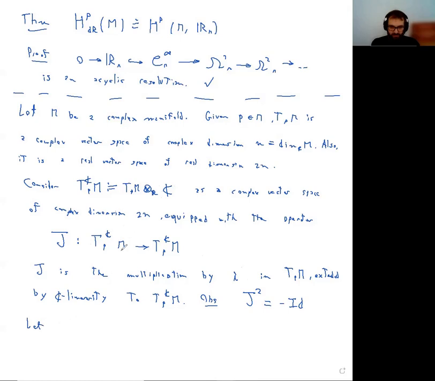And now we can separate this complex vector space into two parts. This is the (1,0) part, which is V minus iJV in T_pM complexified, such that V is in T_pM.